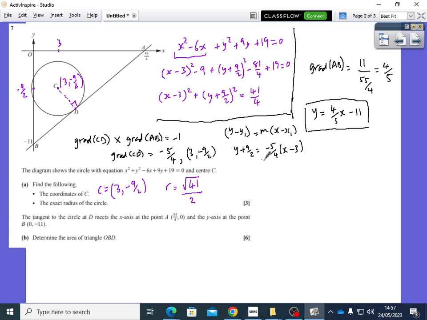And then if we rearrange that, you'll get the equation. I'm just going to do it in one go because I'm running out of space. y equals, that expanded out will give me -5 over 4 x, and then 5 over 4 multiplied by 3 is going to give me 15 over 4.